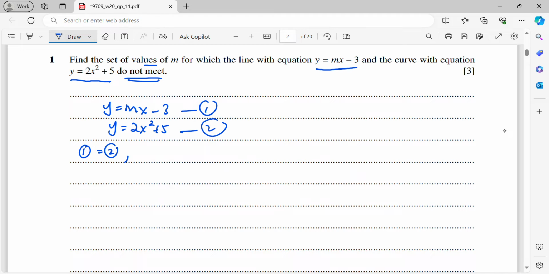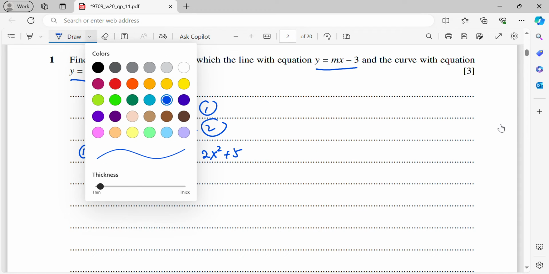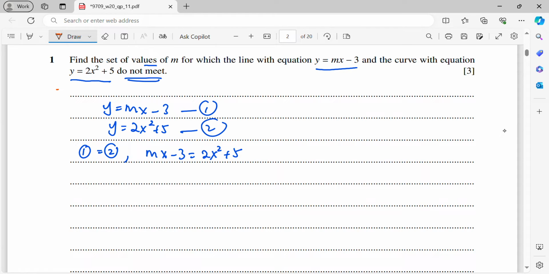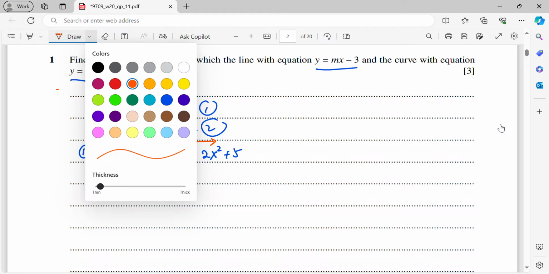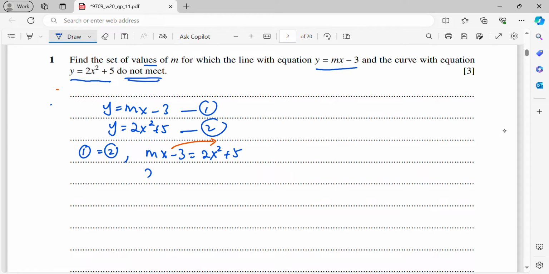So I will be getting mx minus 3 equals 2x squared plus 5. Since I'm getting 2x squared on the right side, all the terms from the left side will be moved to the right side. So from here, I will be getting 2x squared plus 5 minus mx plus 3 equals 0.